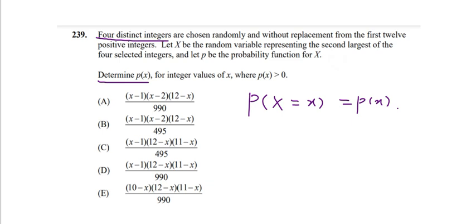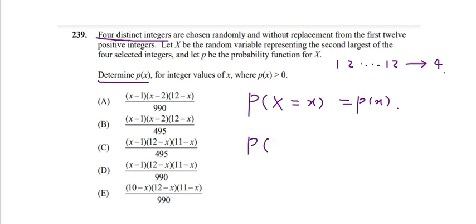So this means from 1 until 12, we pick 4 integers. Okay, so what is x? X is the second largest of these 4 numbers.